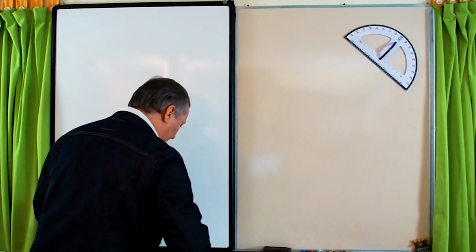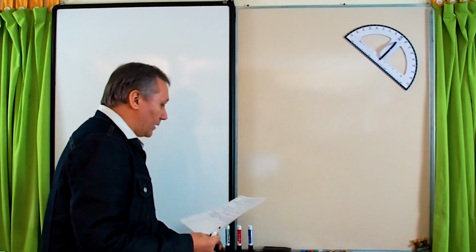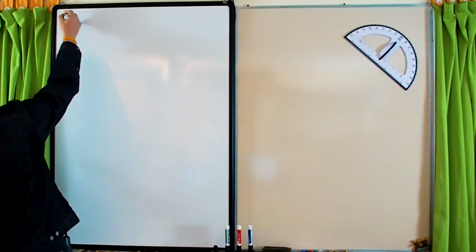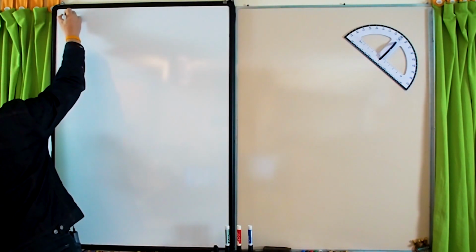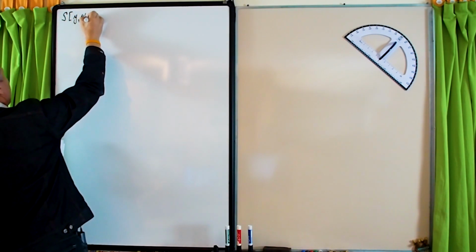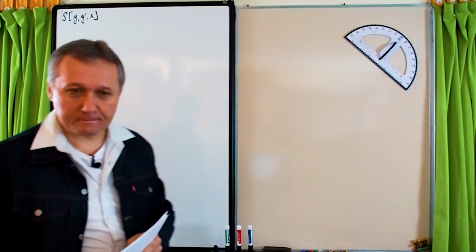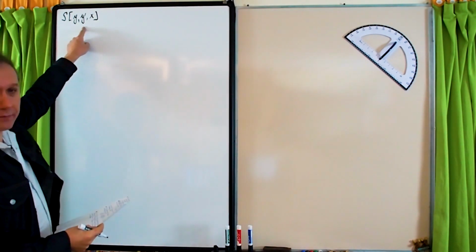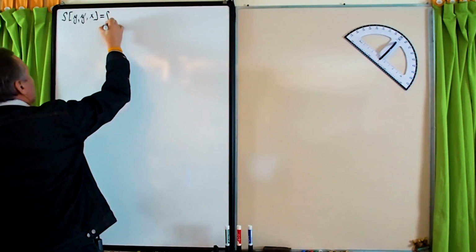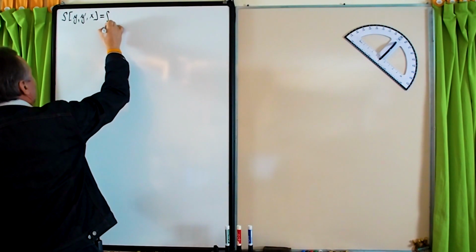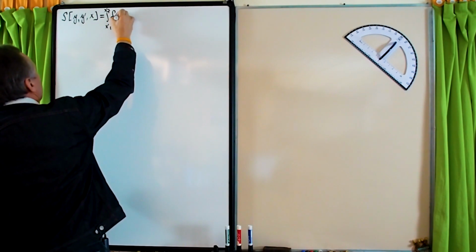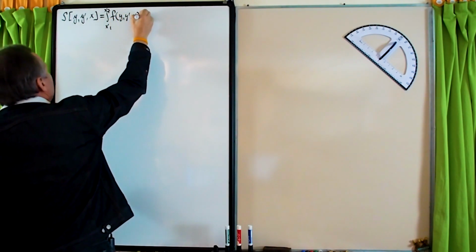Let me quickly review. In the previous class, if you have a functional, for example S, which is a function of y, y prime, and x, where prime is a derivative with respect to x, of course, this functional is presented as an integral from x1 to x2 of some integrand, a function of y, y prime, x, dx.